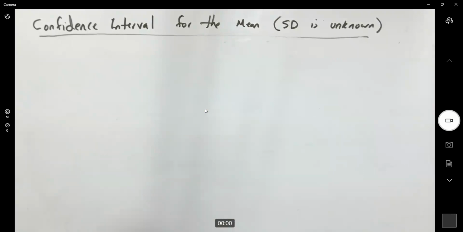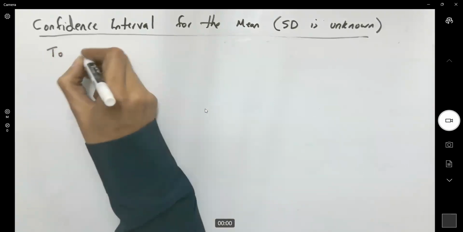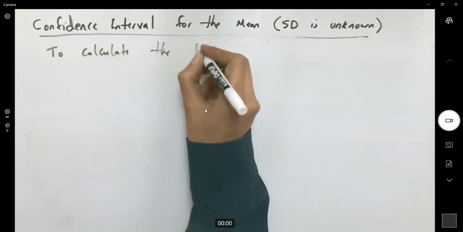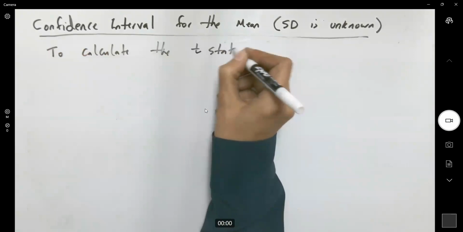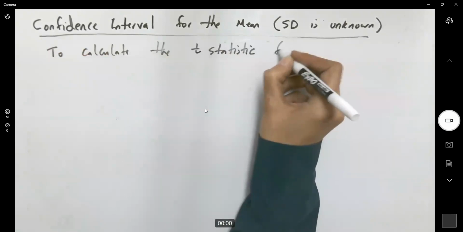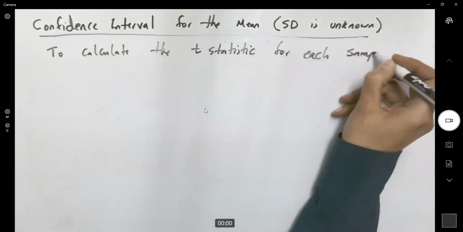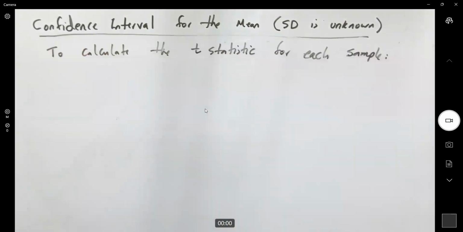To calculate the T statistic for each sample, we need to follow the formula.